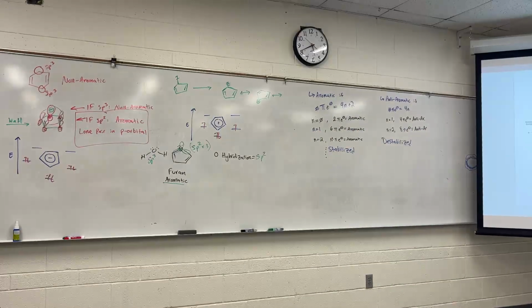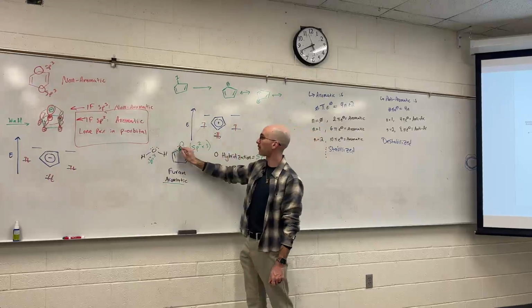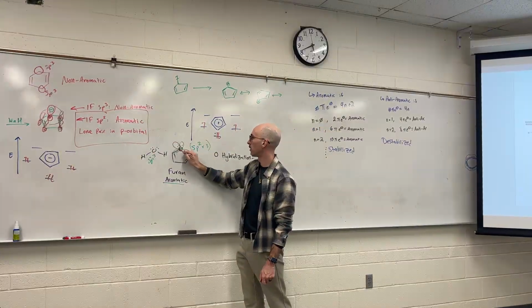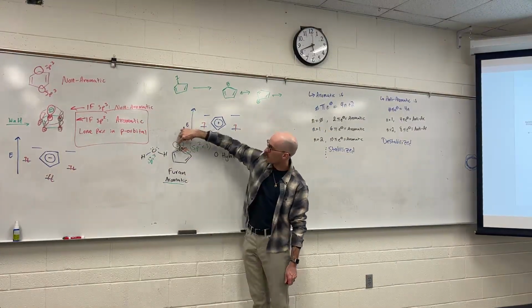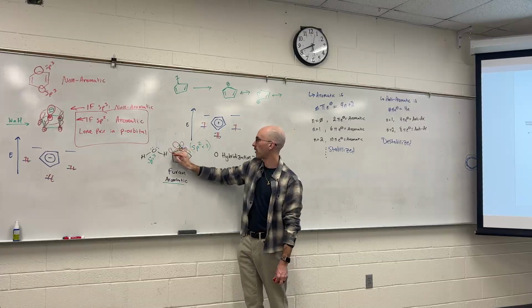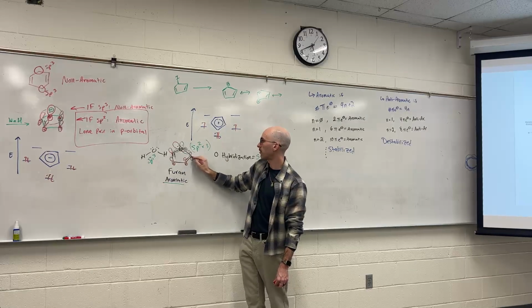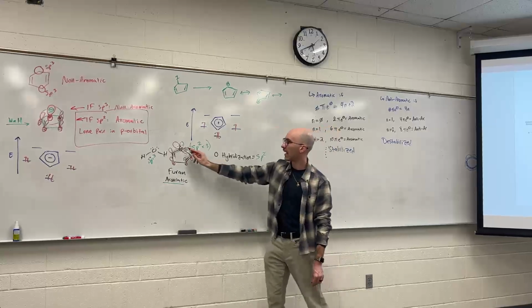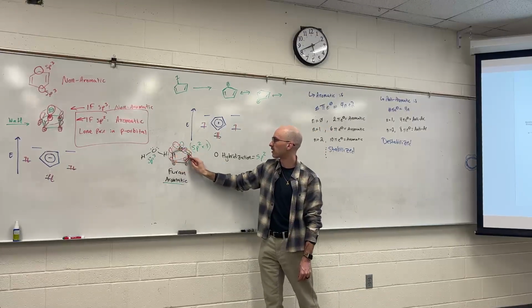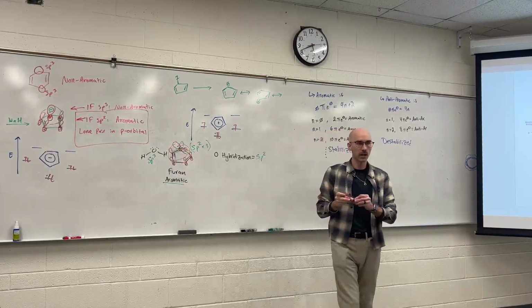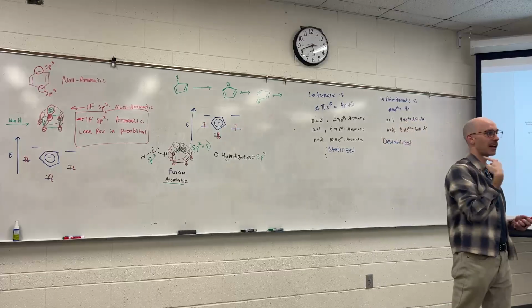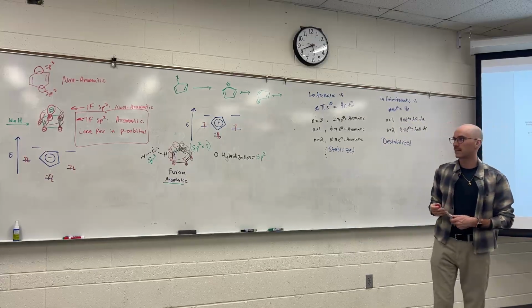And by being sp2 hybridized, the oxygen has an unhybridized p orbital where it puts its other lone pair so that it can be involved in the conjugation. Now that one lone pair is delocalized across the aromatic system.